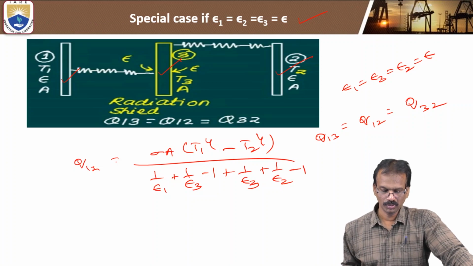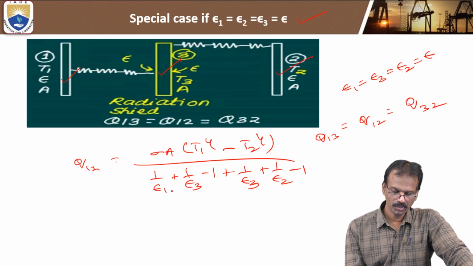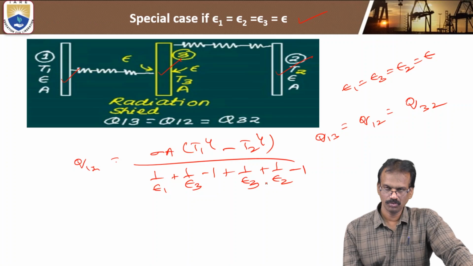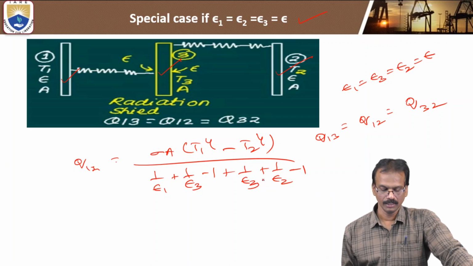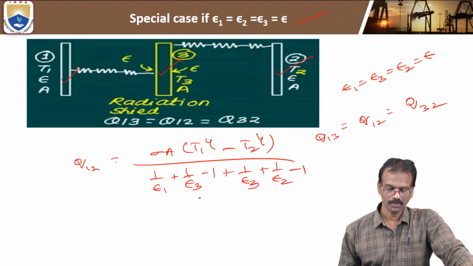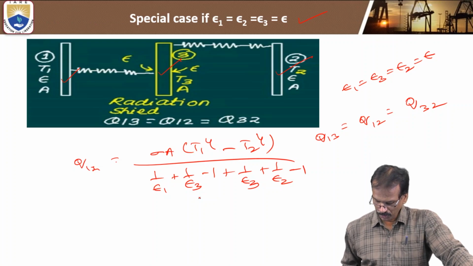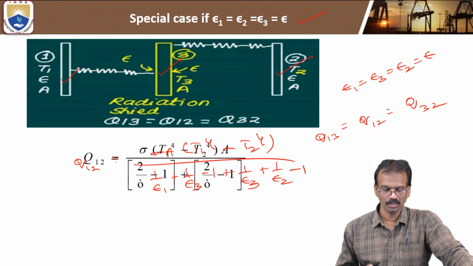Based upon this, since epsilon 1 is equal to epsilon 3 is equal to epsilon 2, all the epsilons are the same. So here 1 by epsilon, 2 by epsilon, the final formula will be like this.